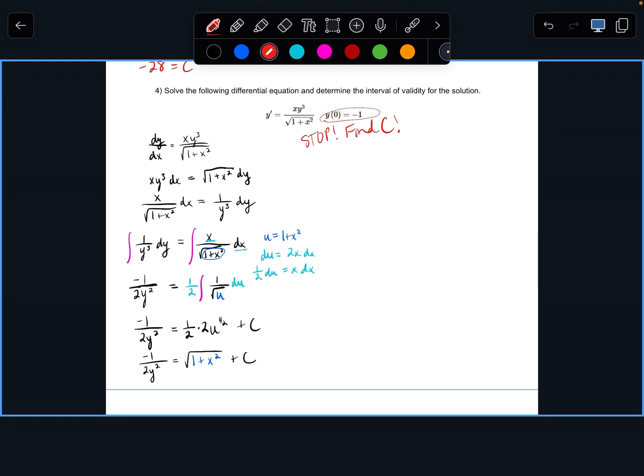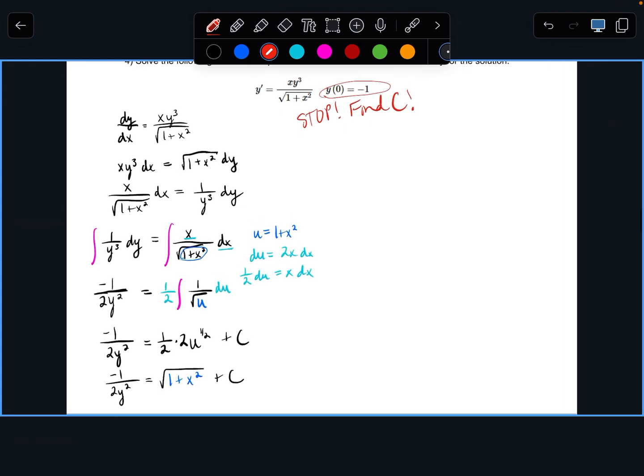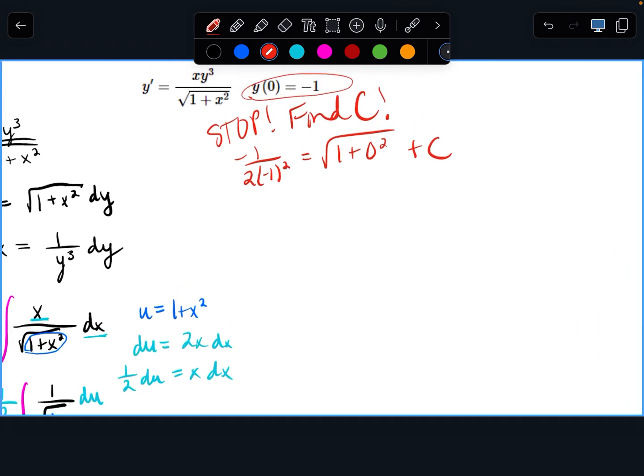So this is how you know it's good, when you have to zoom out like this. Okay, so you're going to put in the y and the x. So what do I get? Negative 1 over 2 times negative 1 squared equals square root of 1 plus 0 squared plus c.